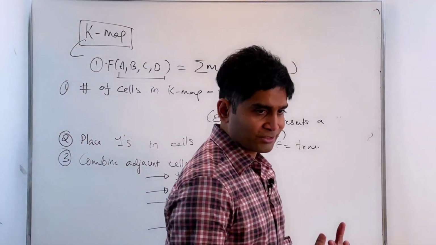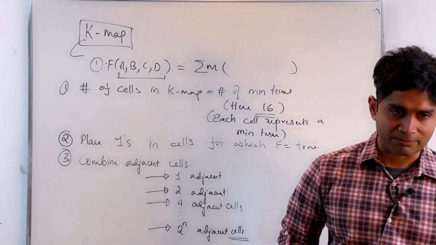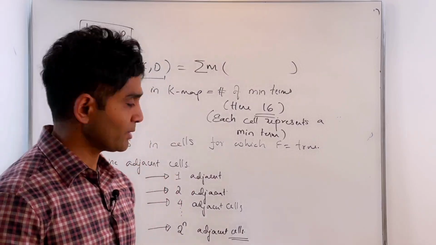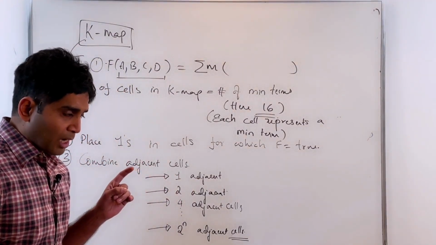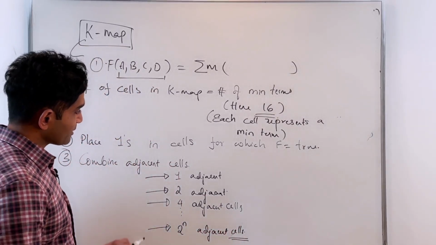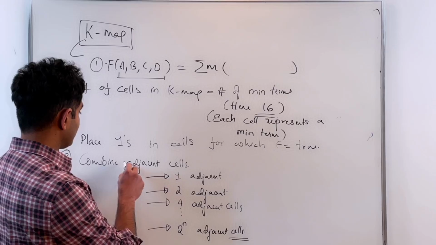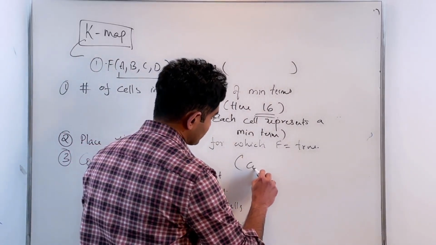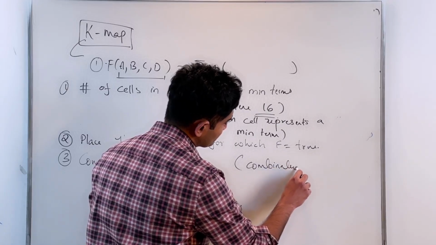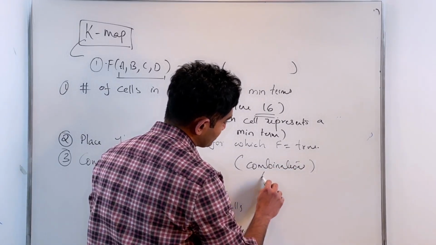It's based on symmetry, right? That we described in the last class. So it has to be a power of 2. Okay. I would always go for the largest combination. Why do I want to do that? Because remember that these combinations produce a product term. Each combination gives you a product term.